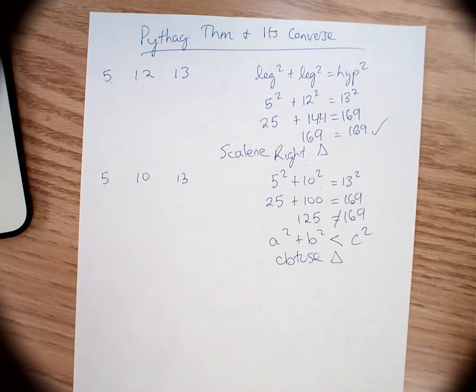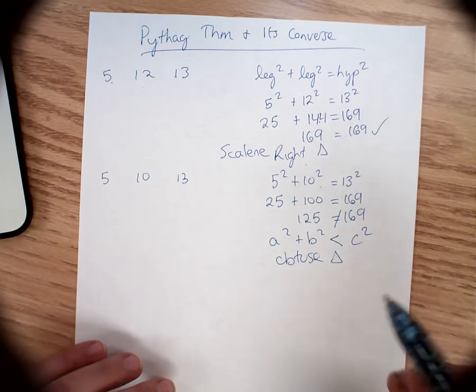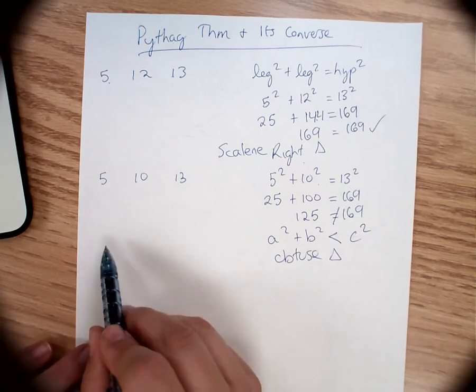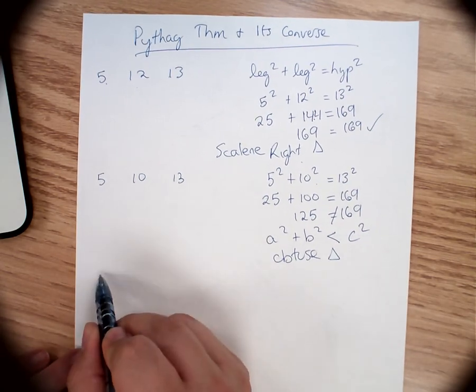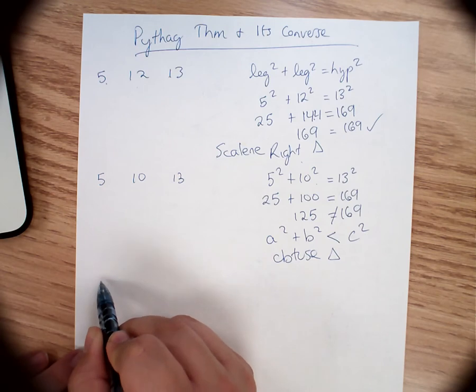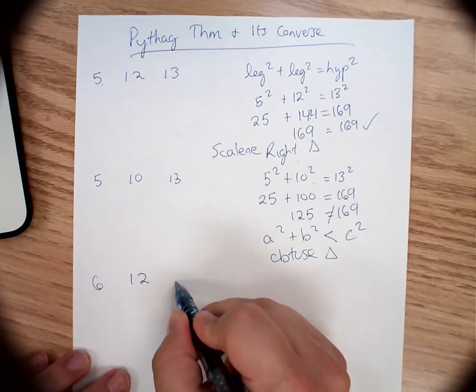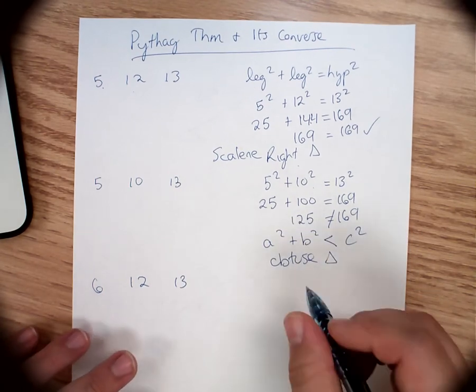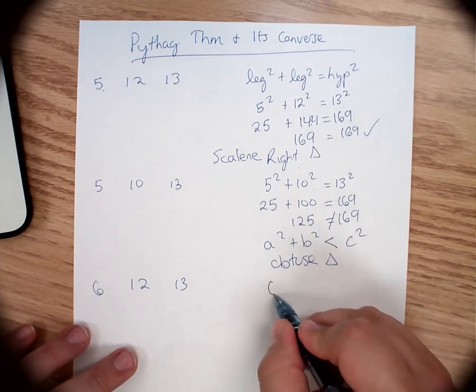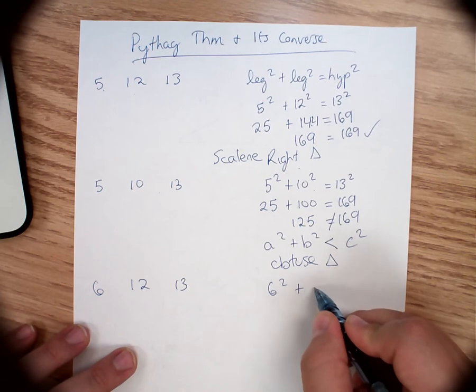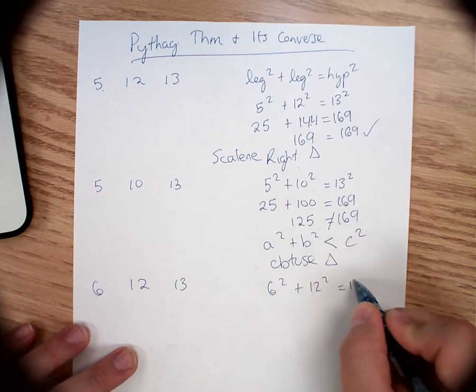Okay, so let's change the situation. Instead of 5, 10, 13, let's say we have 6, 12, 13. So once again, I plug these into the Pythagorean theorem. So 6 squared plus 12 squared equals 13 squared.